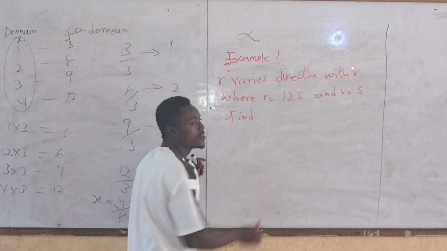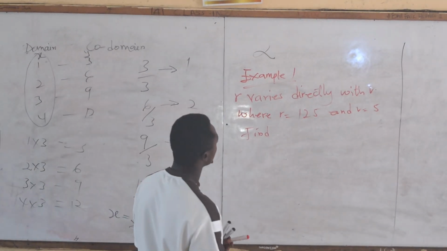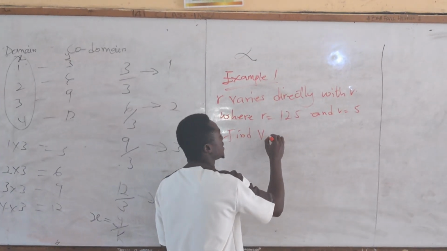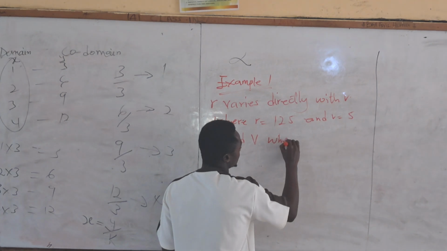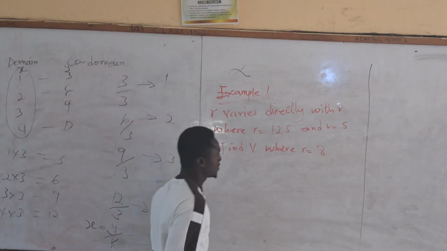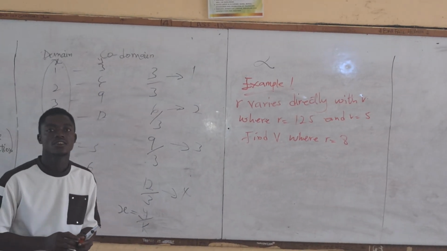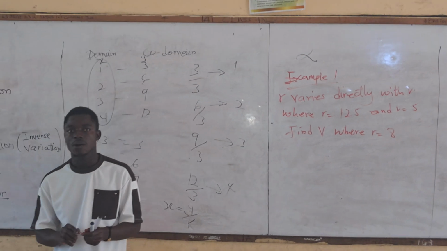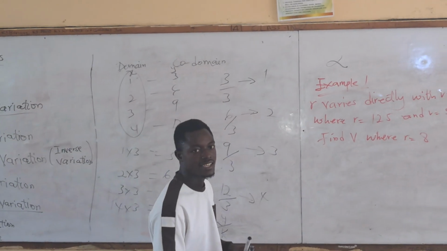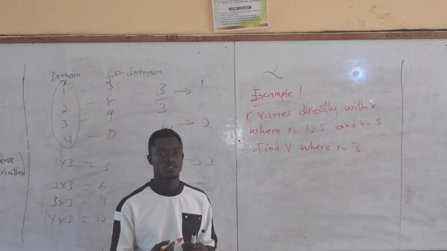Find V where R equals 8. So this is a question. You can pause the video and try to solve it on your own. But let's solve this one together. Then maybe the second question, you can pause the video and try to solve it on your own.